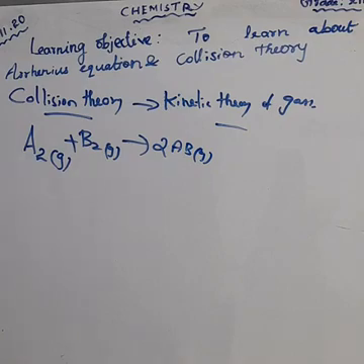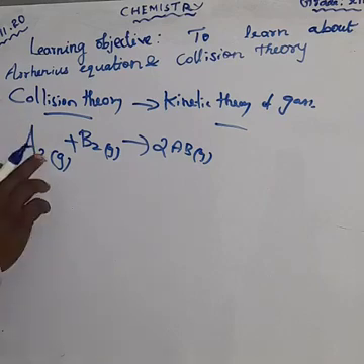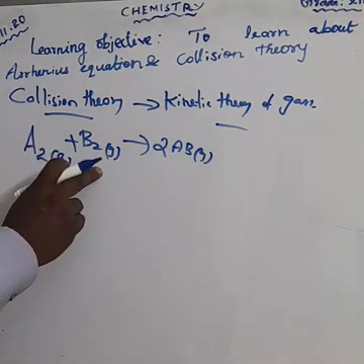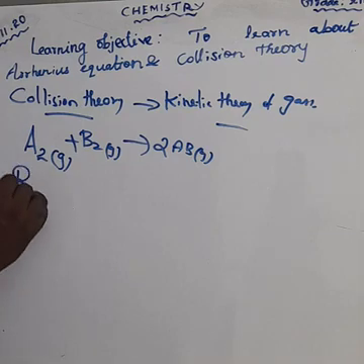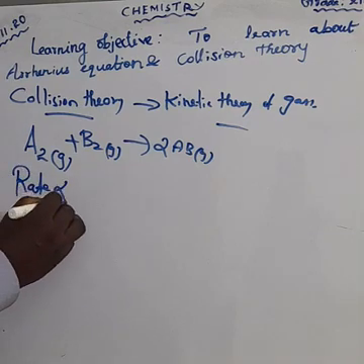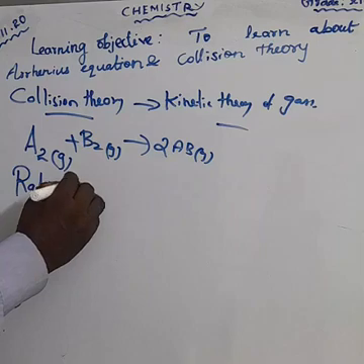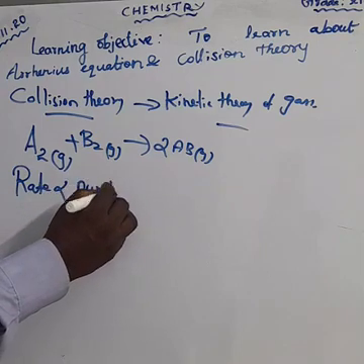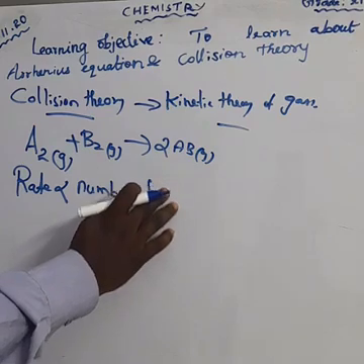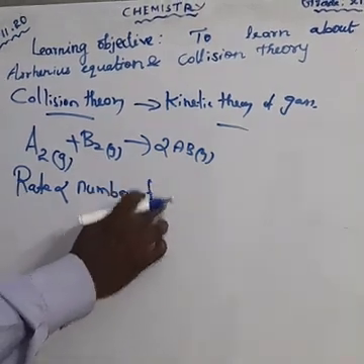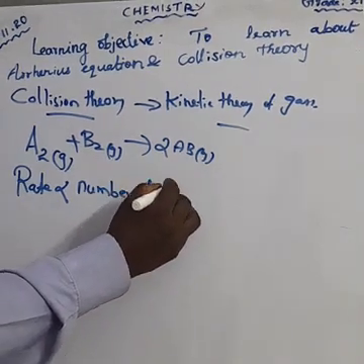If we consider that the reaction between A2 and B2 molecules proceeds through the collision between them, what about the rate? The rate would be directly proportional to the number of colliding molecules.